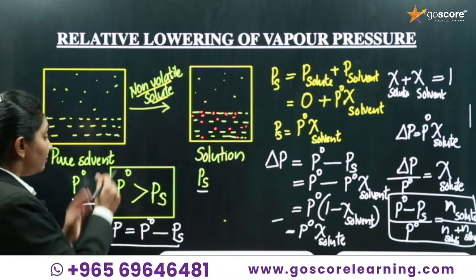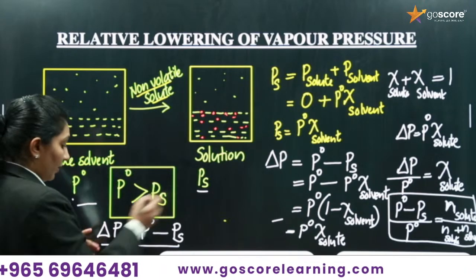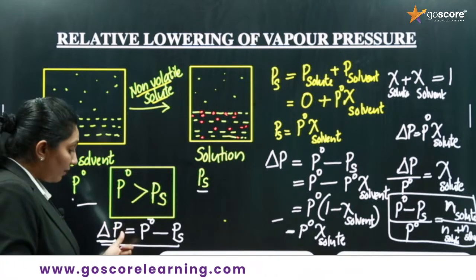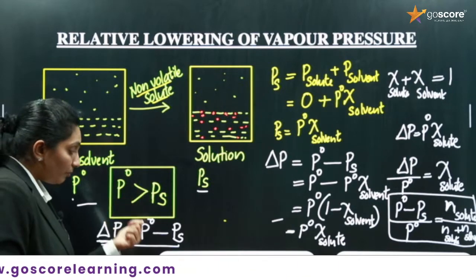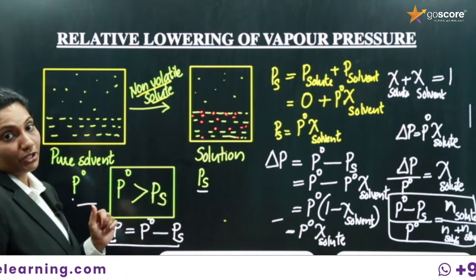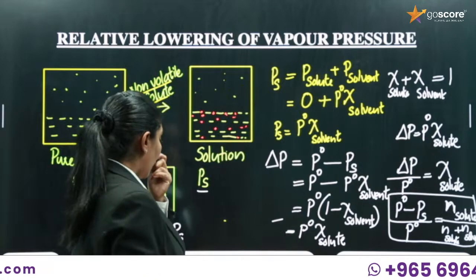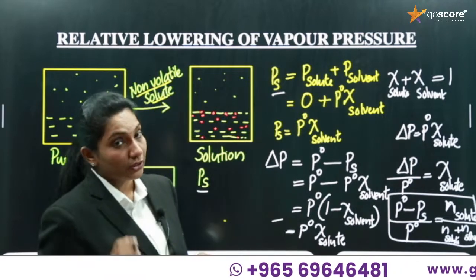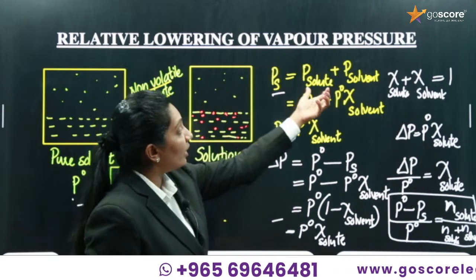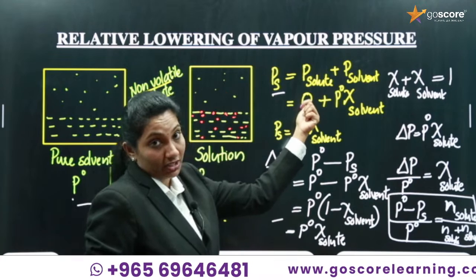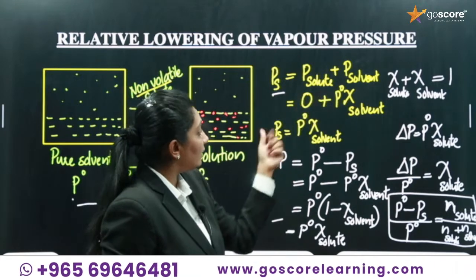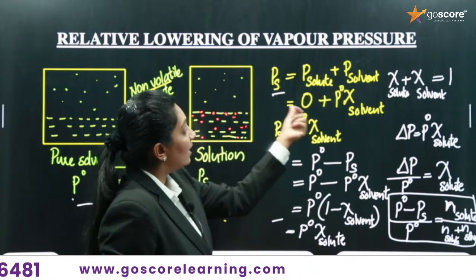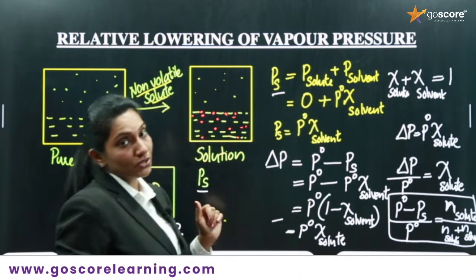Okay. So there is a change in the pressure that we represent by the delta sign, that is delta P is equal to the vapor pressure of the pure component minus the vapor pressure of the solution. Okay, and the vapor pressure of the solution is the sum of the pressure exerted by solute and solvent. Since it is a non-volatile solute, we can write the pressure exerted by solute as 0, and so we will get the total pressure exerted by the solution as P naught into mole fraction of solvent.